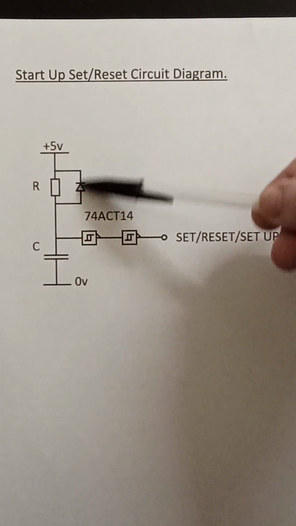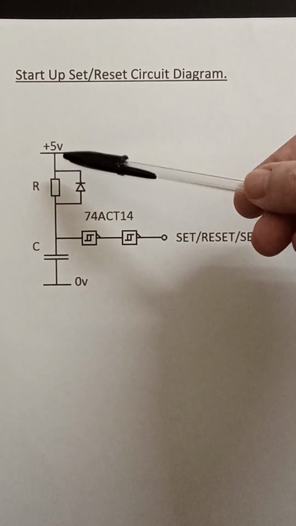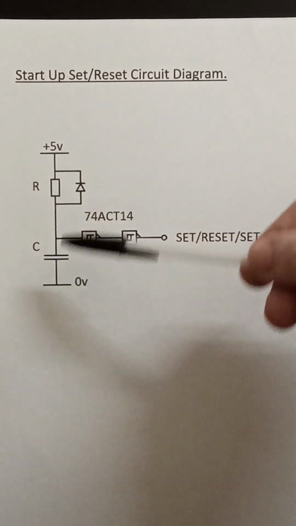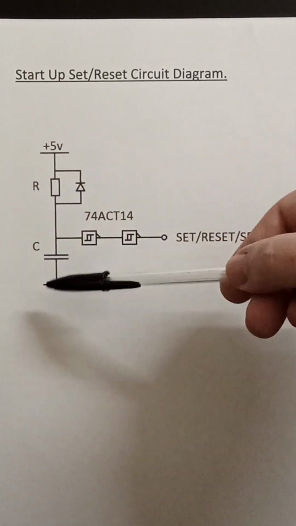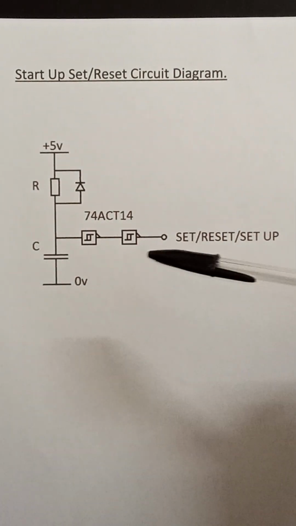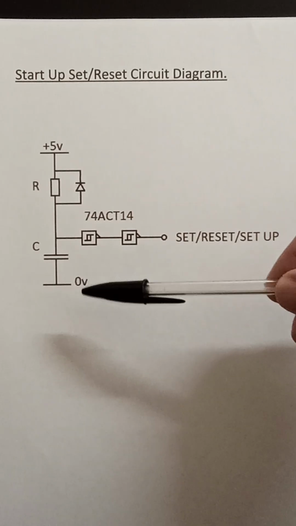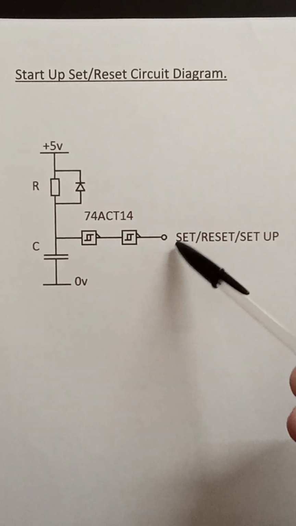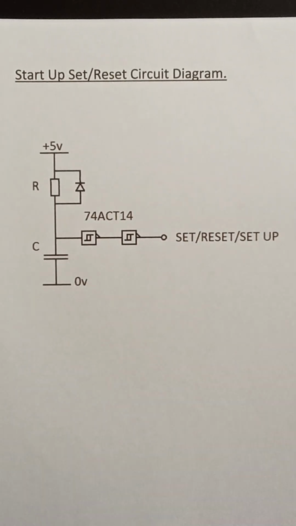And this diode here is so if you accidentally switch off the power, it discharges the capacitor through this diode to earth. So if you lose power, it still provides a reset. So this is a setup reset in the circuit diagrams for the counters and dividers.